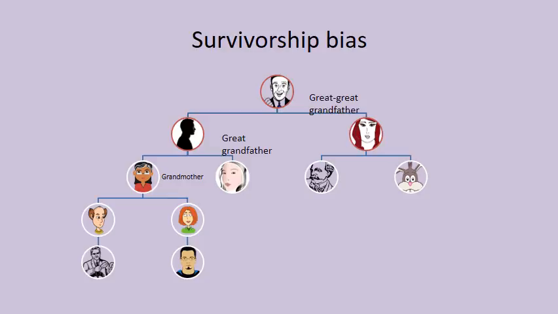A similar kind of problem applies if you think about the succession of books or the succession of novelists that survive to the present from the past. So if we were asked to judge the success of 19th century novelists, for example, we would probably pick out the ones that survive, the ones perhaps that are still published today or still accessible today.